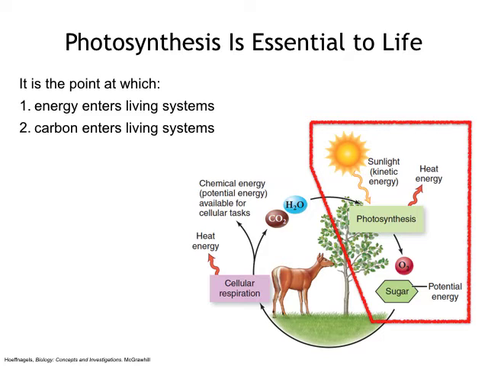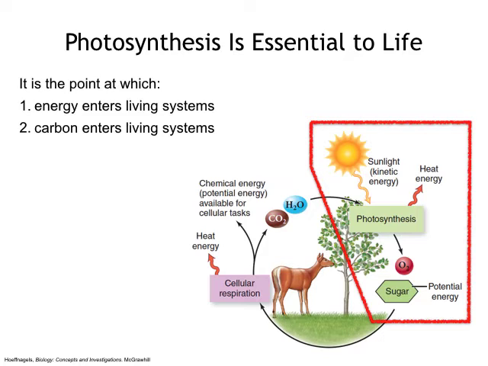Carbon is the main atom in all of this. And so carbon enters living systems, plants and animals and everything, because of photosynthesis. Photosynthesis uses carbon dioxide as a source of carbon for sugar. If it wasn't for plants, living things wouldn't have a source of carbon.